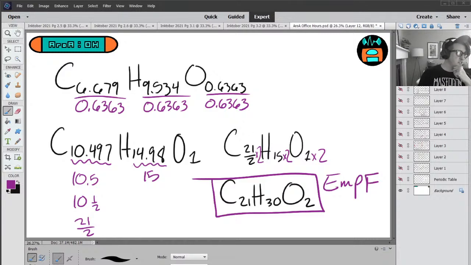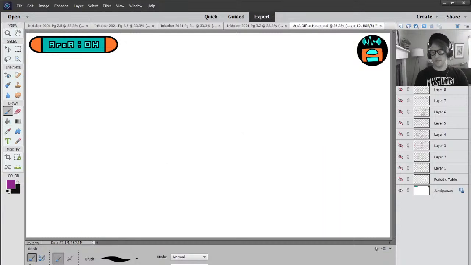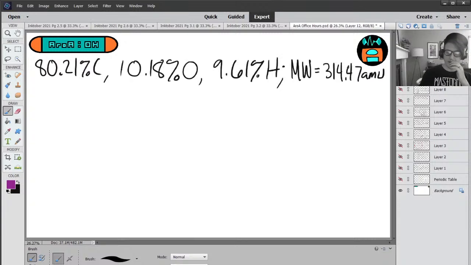We still have to determine the molecular formula. And to do that, we need the molecular weight, which is right here.